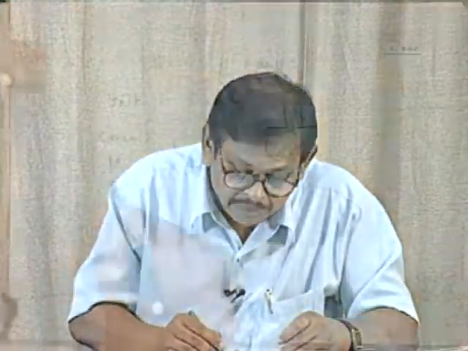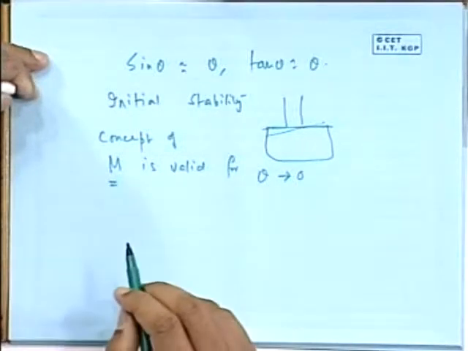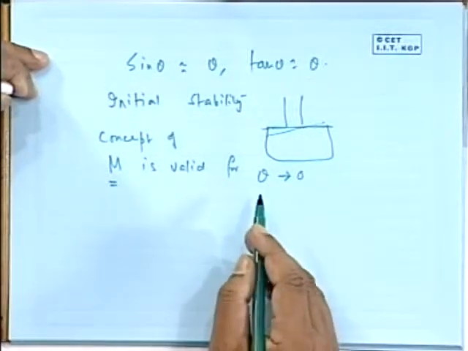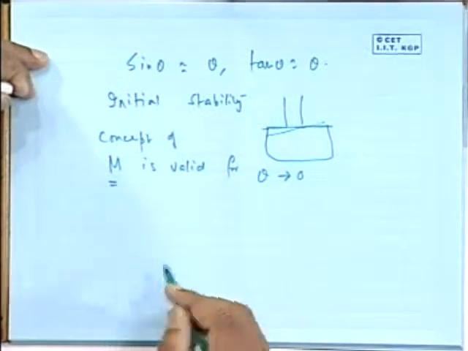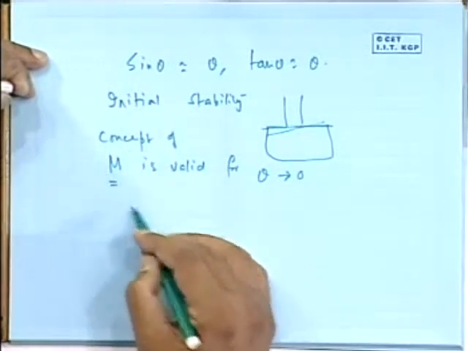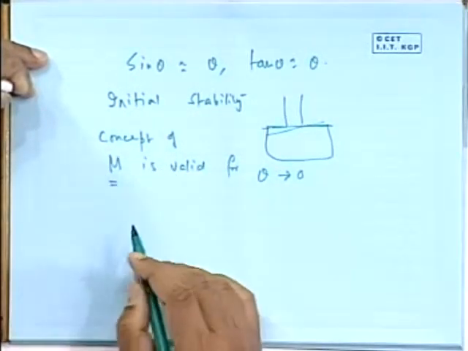Now if you want to find out whether a ship is stable or not at 30 degrees, then you have to have an M for 30 degrees or M for 40 degrees. You cannot do that. Therefore, we don't use that. We use the direct righting lever. We will talk about that. But M becomes very useful for the limiting case of theta tends to 0. So this is a concept that we must bear in mind, this situation of limiting case.